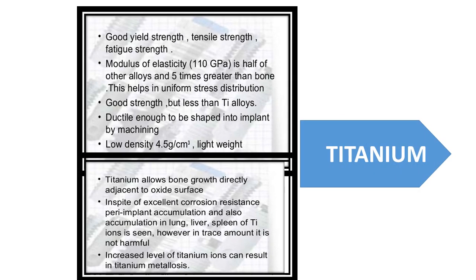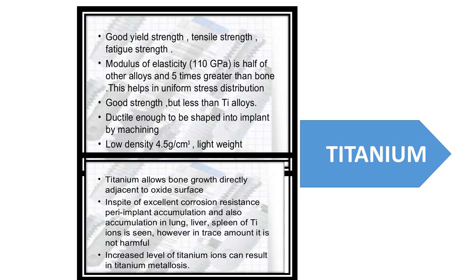Properties include mechanical strength. It has good yield strength, tensile strength, and fatigue strength. Modulus of elasticity is 110 gigapascal, which is half of other alloys and 5 times greater than bone. This is an advantage because it helps in uniform stress distribution. It has good strength, but it is less than the titanium alloy.